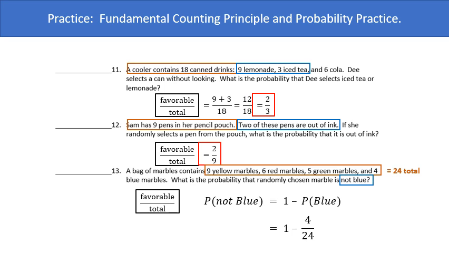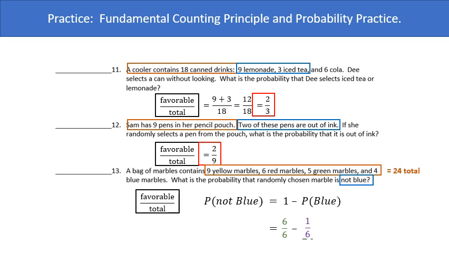Okay, now, can we simplify? Yes, 4 over 24, divide them both by 4. 4 goes into 24 6 times, so that's 1 over 6. Now remember, when we subtract, 1 is like a wild card. I can turn 1 into anything I want. To be able to subtract 1/6, the denominator needs to be 6. So I'm going to change 1 to 6 over 6.